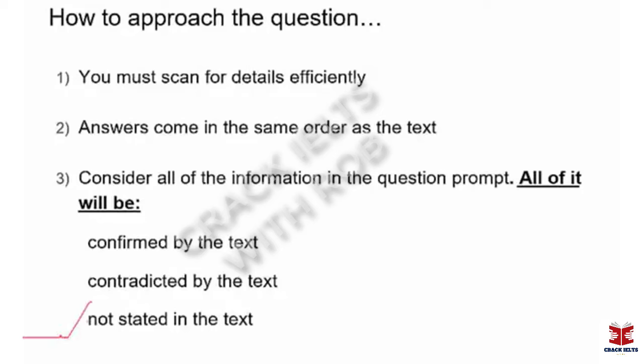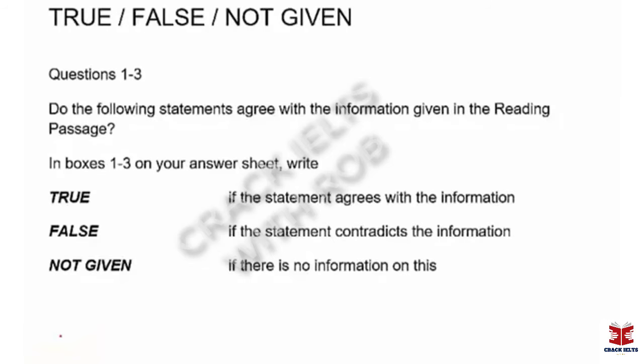The idea is not stated there, and that's where you answer not given for both of the prompt types that we're looking at. So that's what you're looking for: either the text confirms the statement, contradicts or goes against it, or the statement simply can't be supported by anything found in the text.